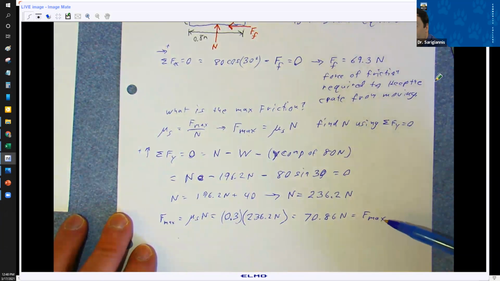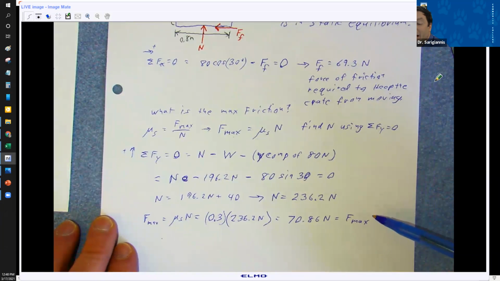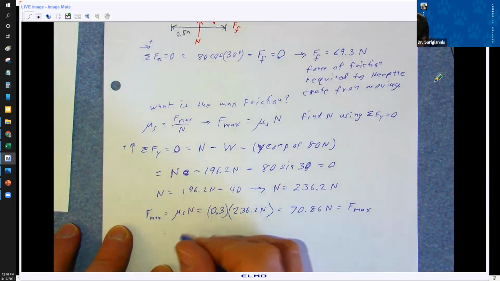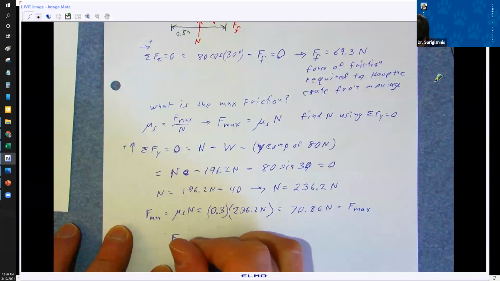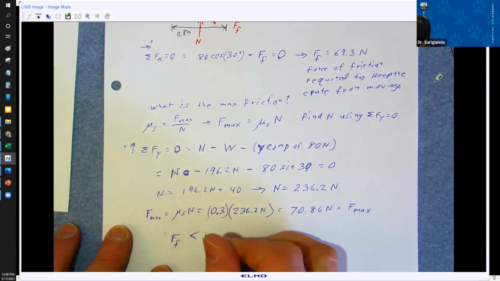The maximum force of friction we could expect to get is 70.86 newtons, right? So let me just write a little inequality here. F of friction is less than F max.